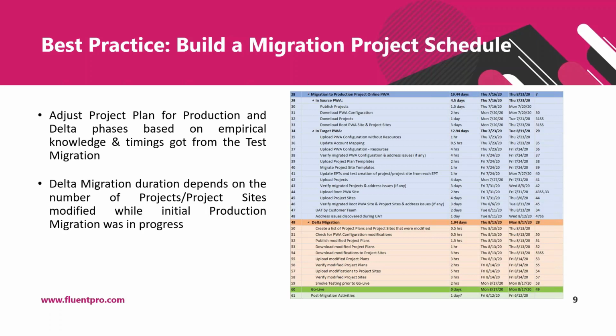We recommend notifying users about final data migration being in progress and requesting them to make changes to as minimum of project and project size as reasonably possible. All modified projects and project sites, as well as changes to the configuration, will need to be remigrated during delta migration phase.